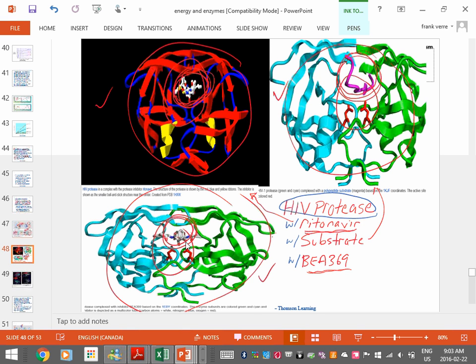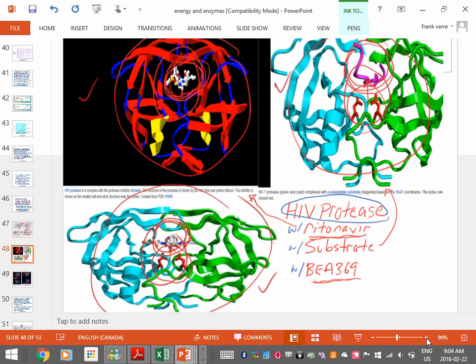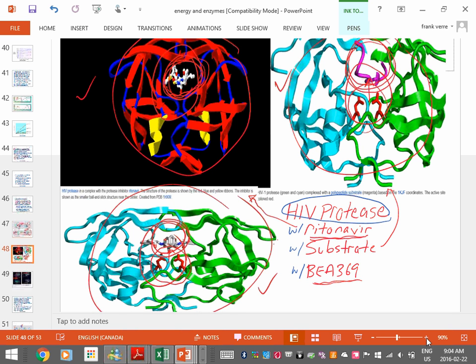Take a look at this picture. You can probably see it really clearly on this one. You see this section in red over here? The substrate is just right above it. Look over here. What do you notice? Right above it is where the inhibitor sits. Does it look like the same spot?